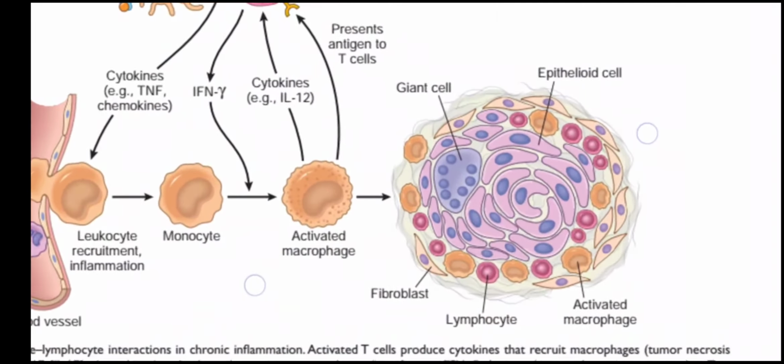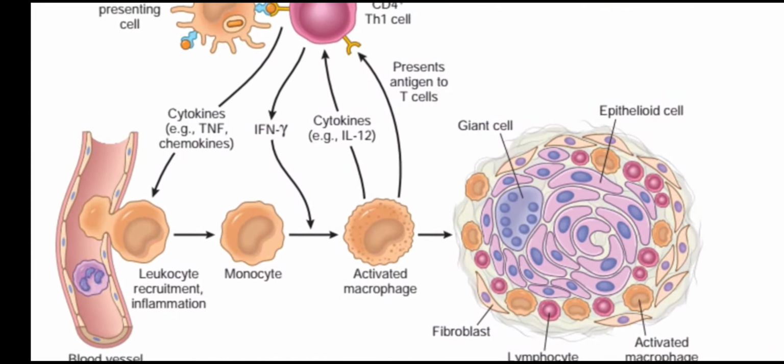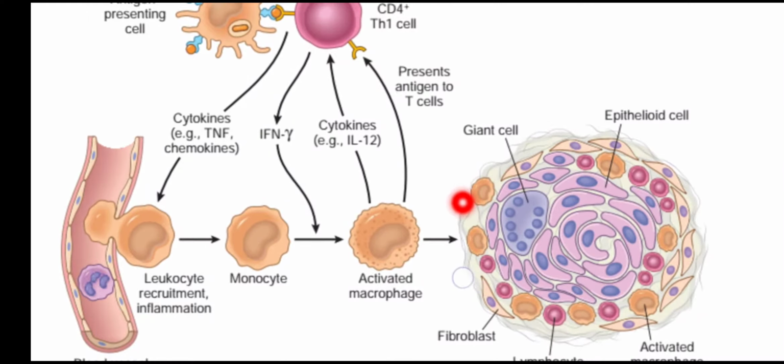So you see in this picture, these yellow ones are macrophages, and these pink ones are the epithelioid cells. Their nucleus is slipper shaped, and the cytoplasm is eosinophilic, and these are the giant cells which are formed by the fusion of these epithelioid cells.